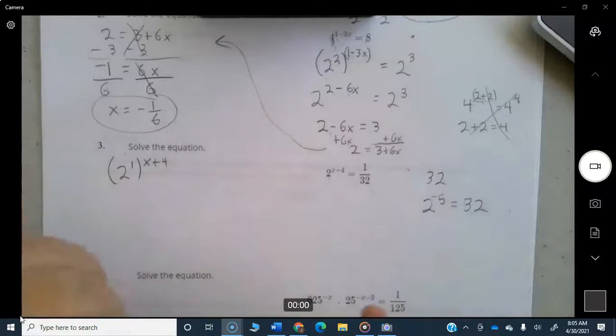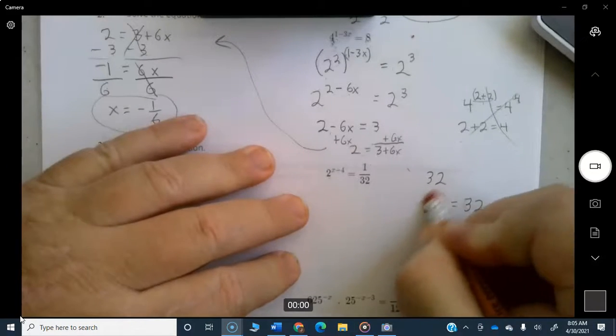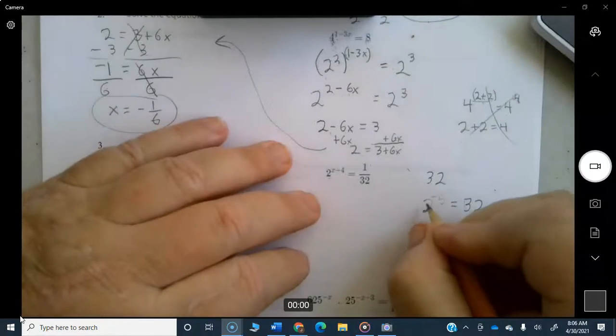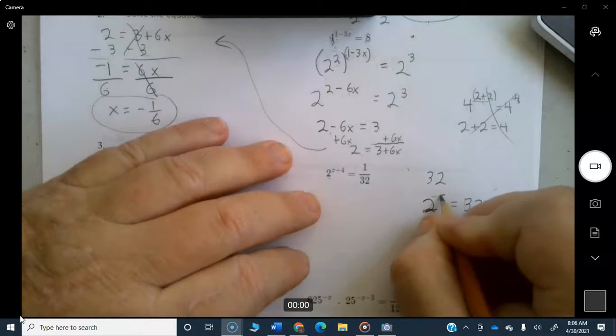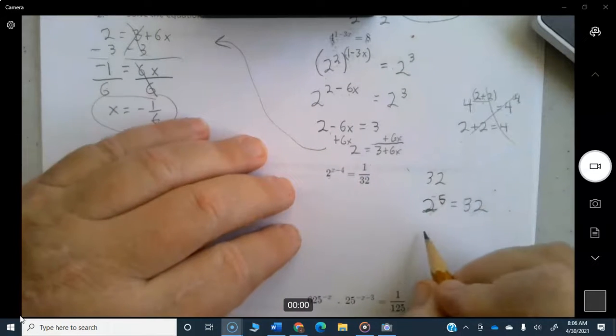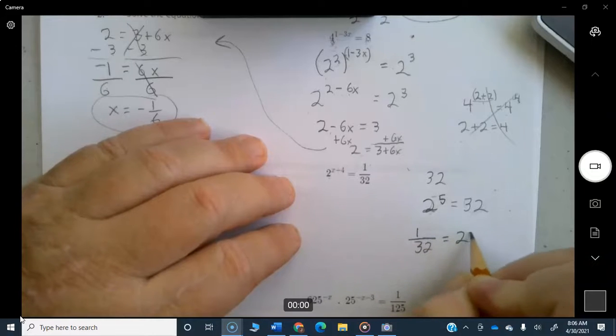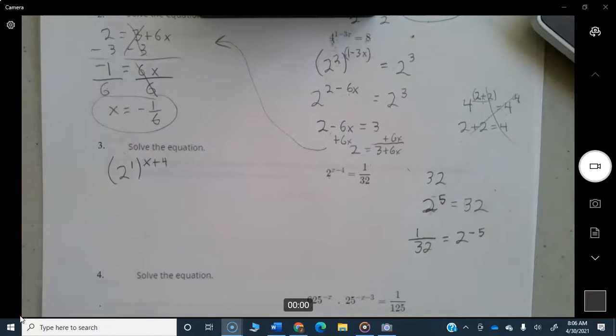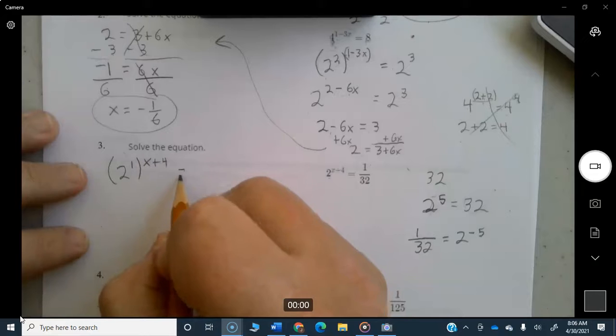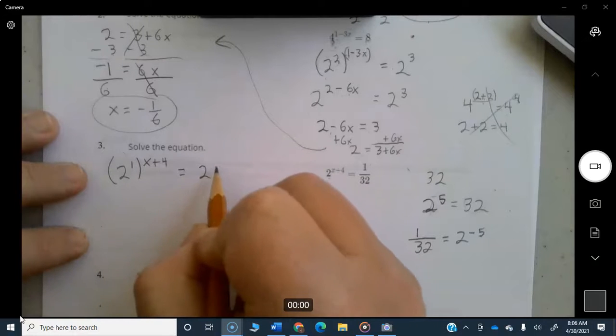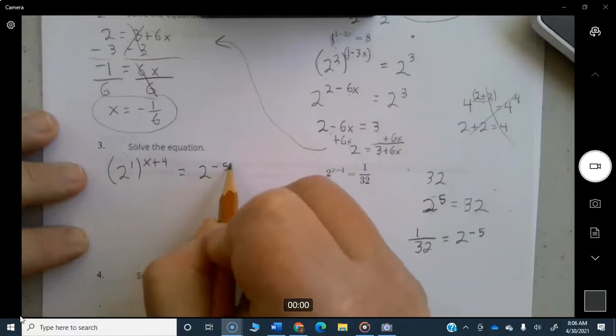So if 2 to the 5th, shouldn't have written that negative sign there. If 2 to the 5th equals 32, then 1 over 32 is going to equal 2 to the negative 5th. Okay, like that. All right. So now you have a common base for 1 over 32 here, so that's going to equal 2 to the negative 5th.